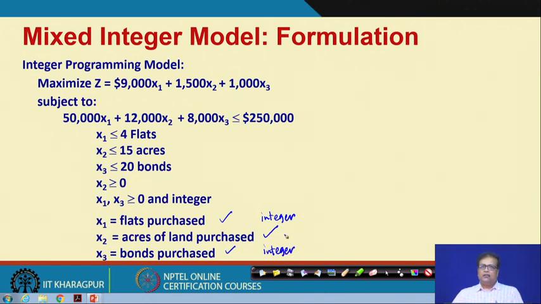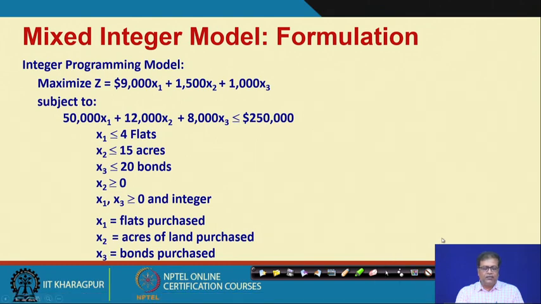You can purchase land that need not be an integer, you can buy, let us say, 2.5 acres of land, there is no problem. Is it all right? That is how it is a mixed integer problem.